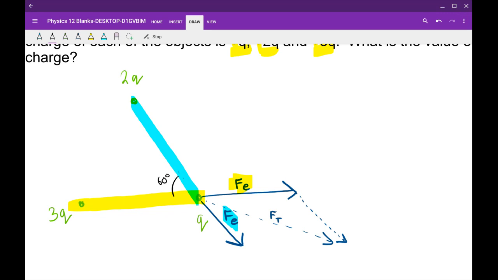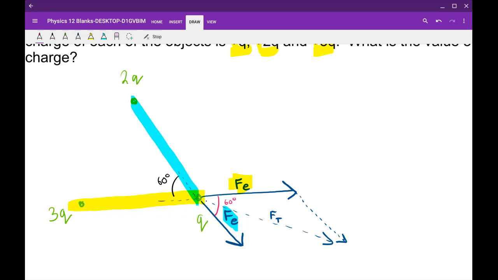And then since this and this come out like this, something called the vertical angle theorem would let me know that, let me get maybe just a red, that this is also 60 degrees, okay? And so basically I've got 2 FEs here, and I need to add these guys, okay?